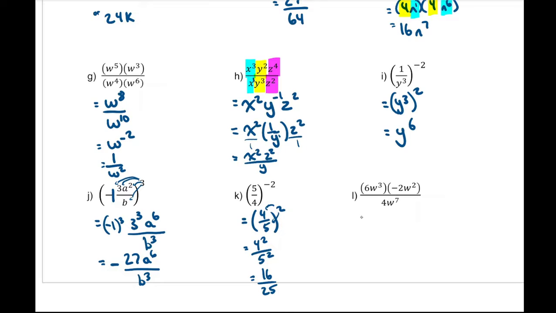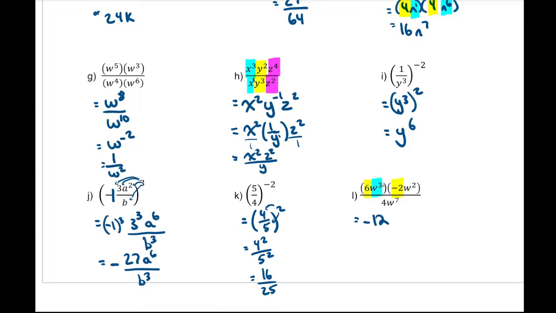Lastly, for L, 6w cubed times negative 2w squared, all divided by 4w to the power of 7. Again, I'm going to simplify the top first. So 6 times negative 2, I'm going to focus on the parts that are the same. 6 times negative 2 is negative 12.